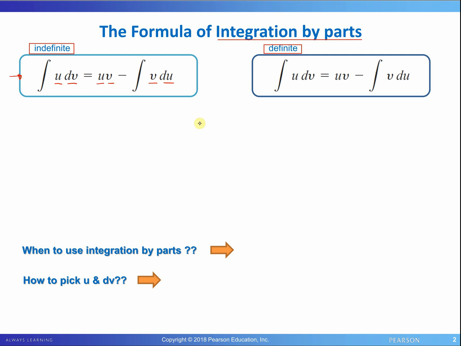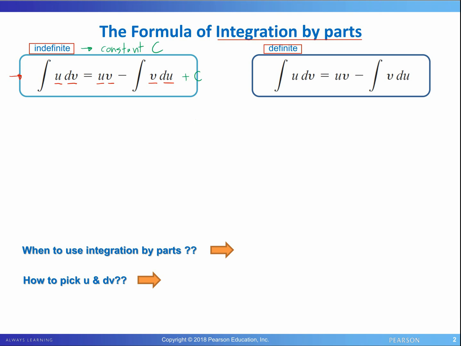So for this one, indefinite integral, expect to see the constant c, which should be right here, plus c. So even though sometimes you don't see this plus c at the end of this formula, you sort of know it's there if you perform indefinite integration by parts.